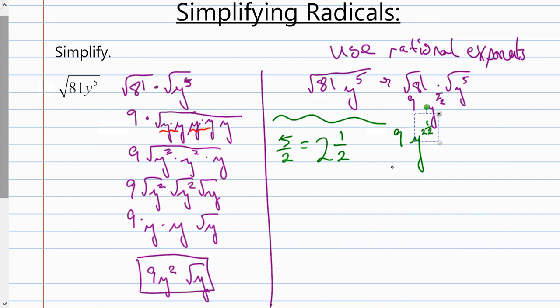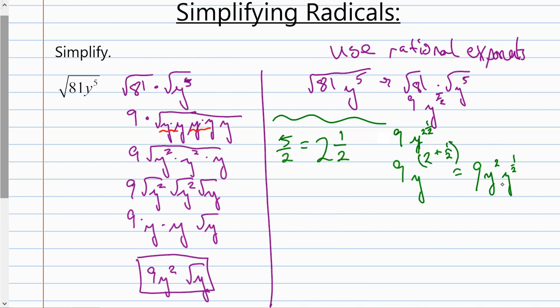And if I think about it, I could write that as 9 times y squared. Actually, let's move this over a little bit. This y got really long. I could write this as 9y to the 2 plus 1/2. That could be the exponent on y, which is really 9y squared times y to the 1/2.